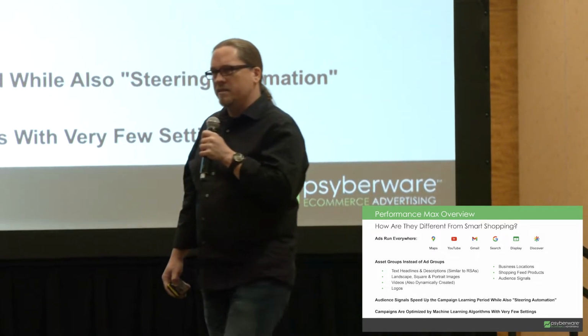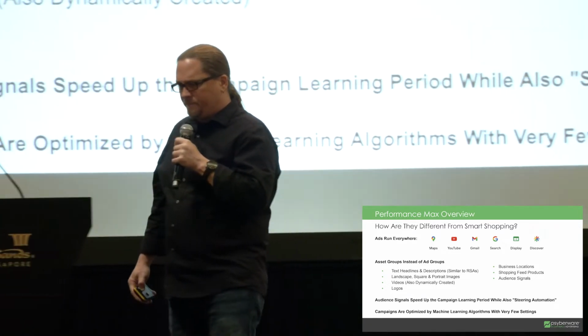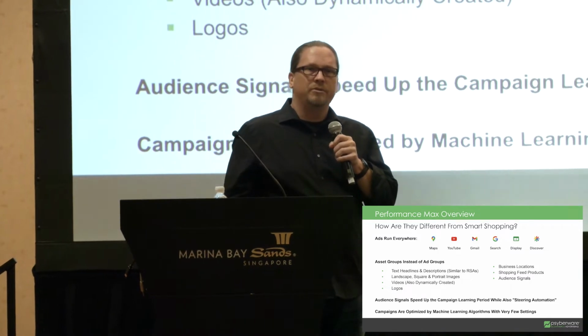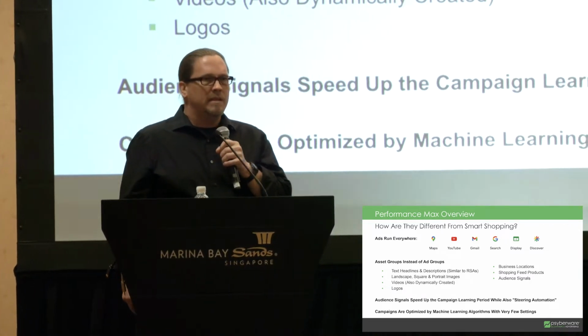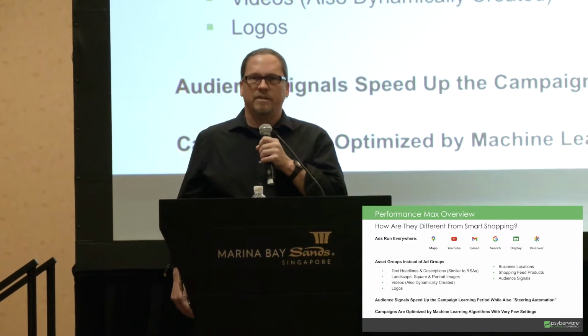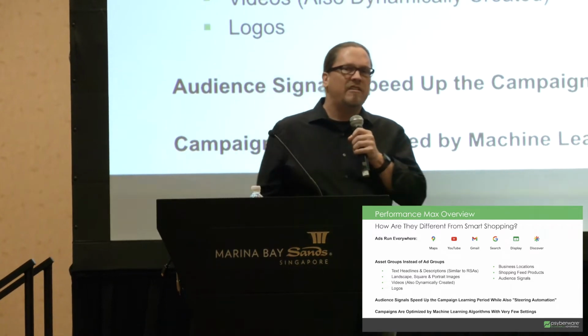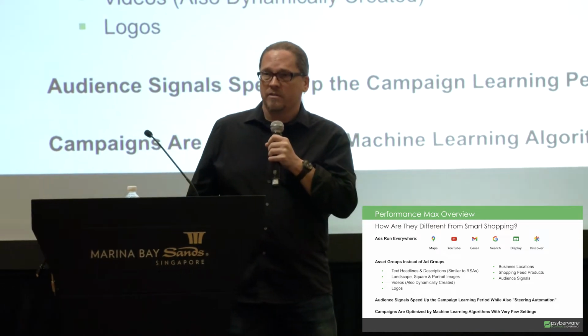These campaigns use audiences in a very different way. Traditionally, Google Ads campaigns would allow you to target particular audiences or allow you to assign bid adjustments up or down for various audiences. These campaigns instead use audiences as hints. They're signals to the automation. They're inputs where we say, we believe people in this audience will probably perform better, so try them first.